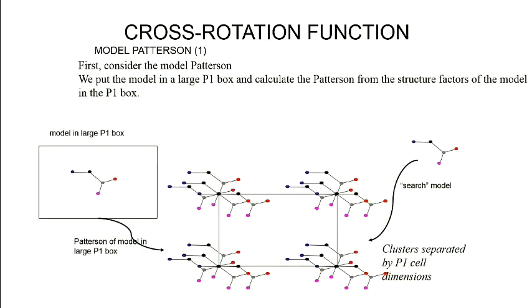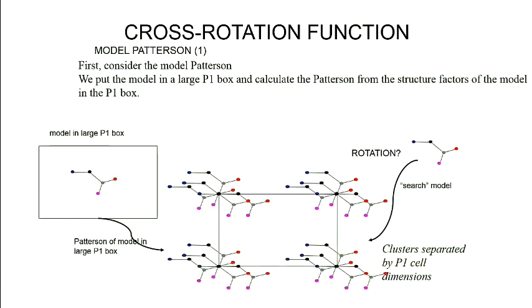So these figures were something that Airlie prepared in the middle of the night in Cuba. What we do is we take our model, we put it in a big box. For convenience, we choose orthogonal axes, and then the Patterson peaks, the molecules will exist at different origins, and we've got clusters of coordinates.